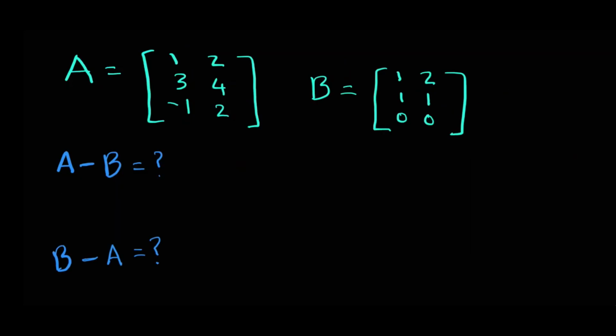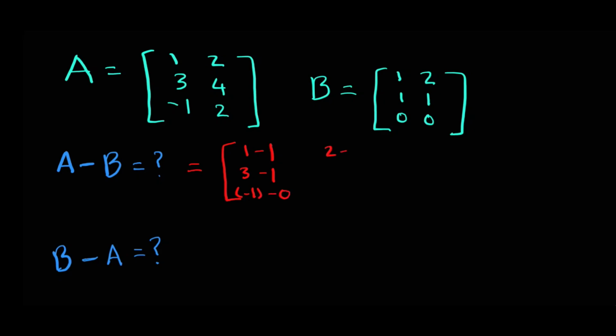Alright, have a go at this one. From the matrices A and B on screen, see if you can find A minus B and B minus A. Alright, starting with A minus B, we're going to go element by element, subtracting each element from B from the corresponding element in A. So we have 1 minus 1, 3 minus 1, and -1 minus 0 in the first column.